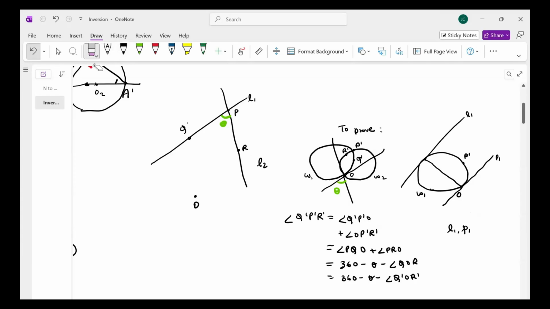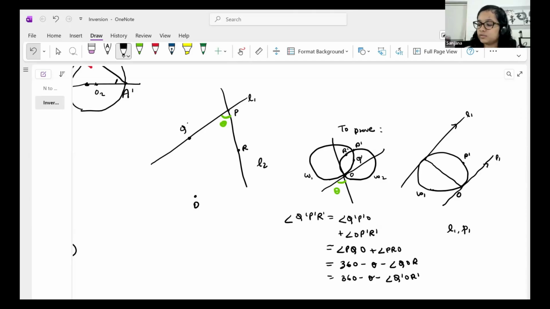Now since L1 and P1 meet at a point at infinity, we know that all points at infinity map to the center O of inversion. So clearly that line and that circle only meet at O. There's only one intersection point, and that suffices because it's a tangent.